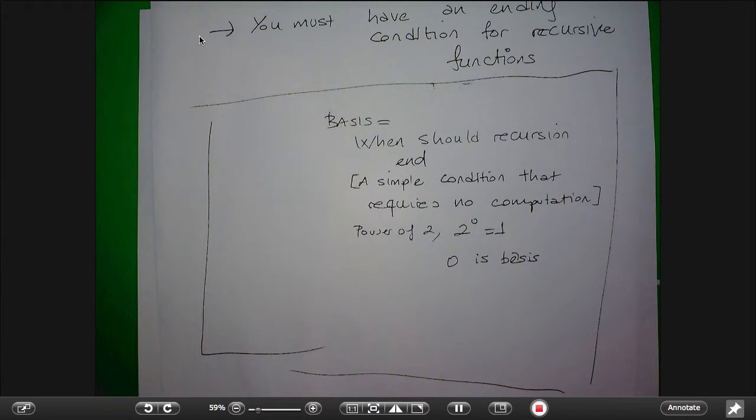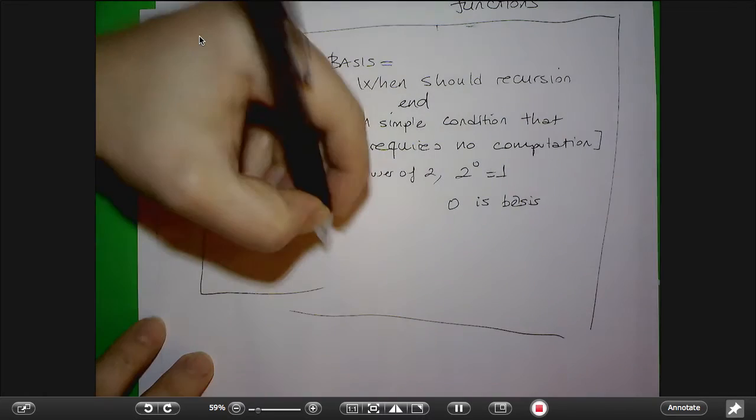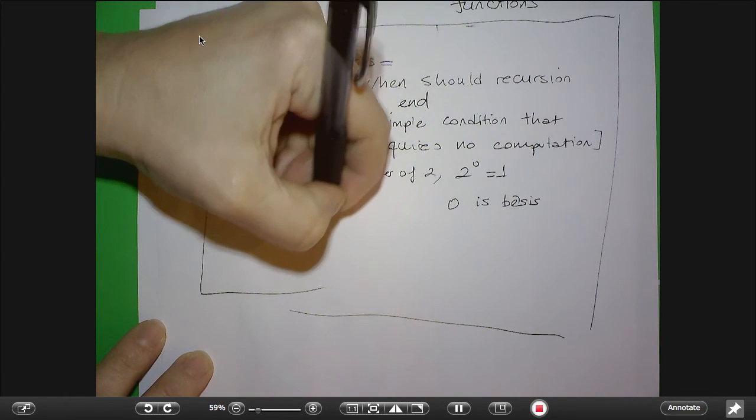Then you have the iterative condition, which is basically figuring out how do you combine the solution for a smaller version of the function with the current one. So this is called the recursive step.